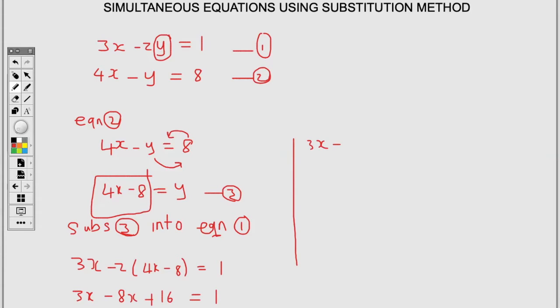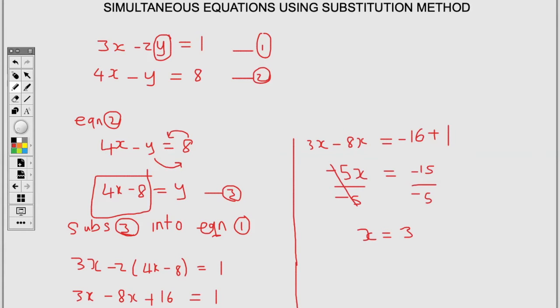So we have 3x minus 8x is equal to minus 16 plus 1. So 3x minus 8x, that's minus 5x, and minus 16 plus 1, that's negative 15. We're making x stand alone, so we divide both sides by negative 5. So this is reduced to give us 3.